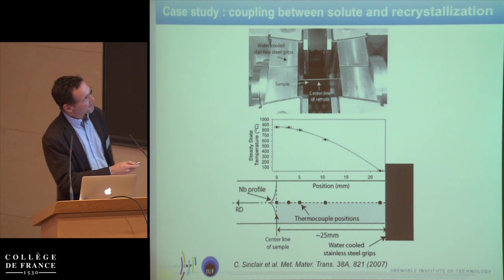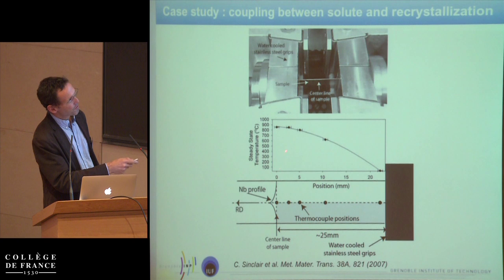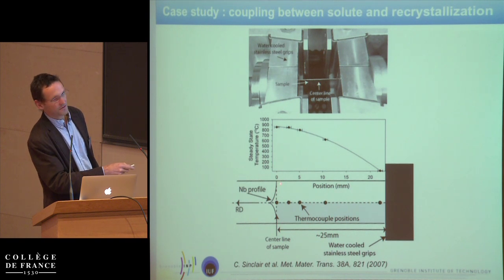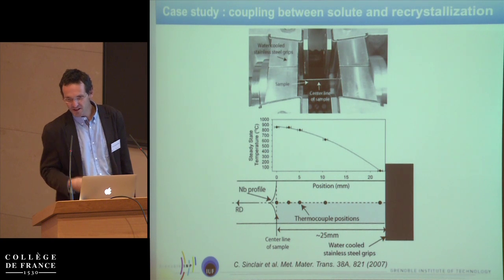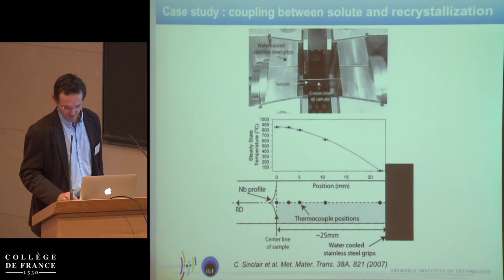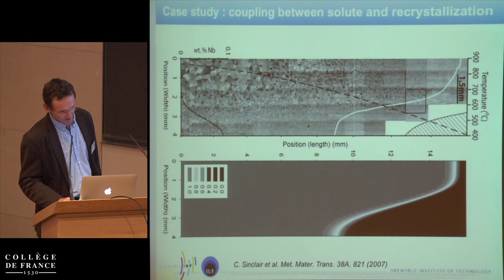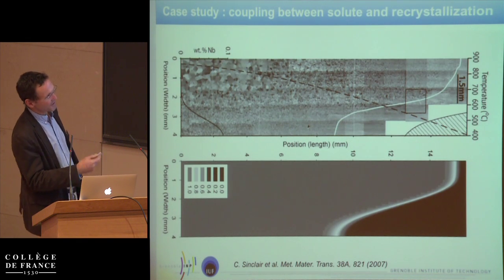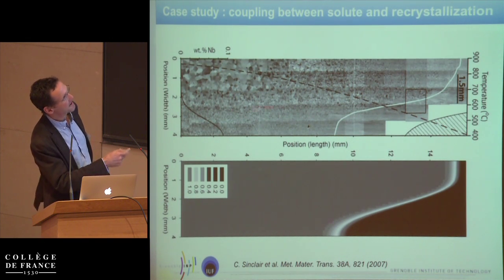And so now, on this sample, you have on the y-axis a chemical concentration profile, and on the x-axis a temperature profile, and you can look at how things go in terms of recrystallization. And then, okay, you look at that in the SEM, and you find a map.